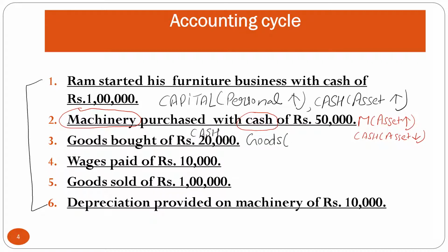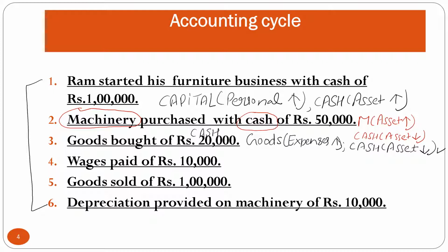Goods purchase is an expenditure or expense, so there is an increase in expenses, and cash has been paid, which is an asset. If cash is paid out of the business, it means there is a decrease in cash, so cash goes out. So these are the two effects of this transaction.